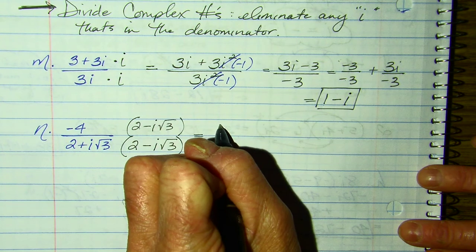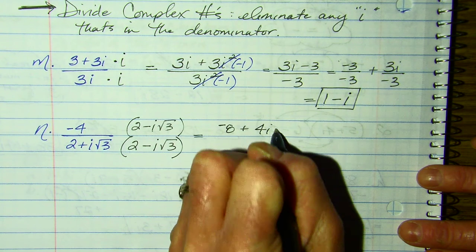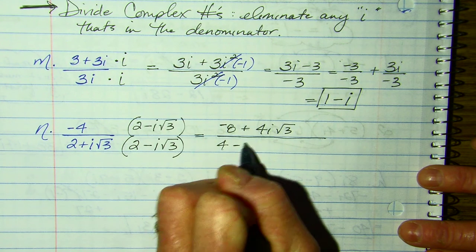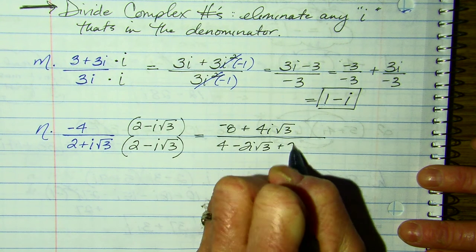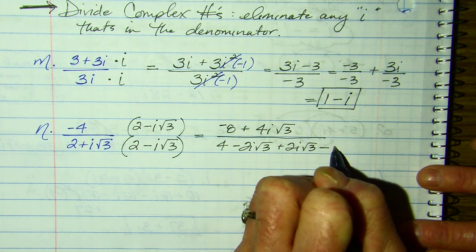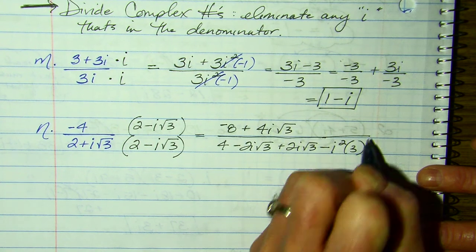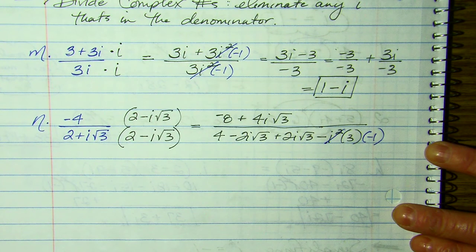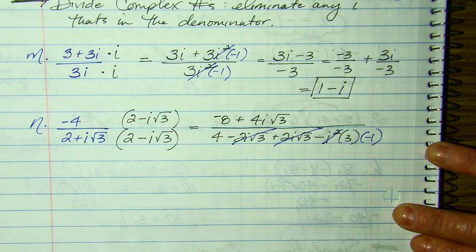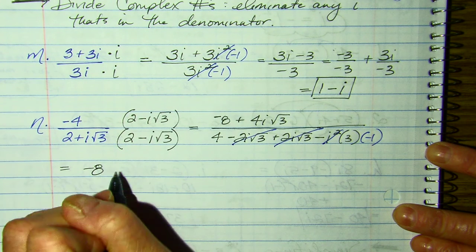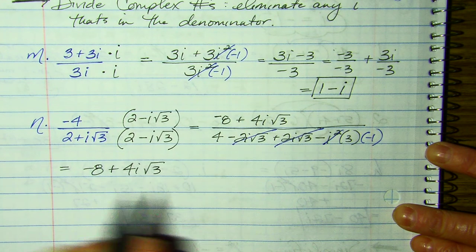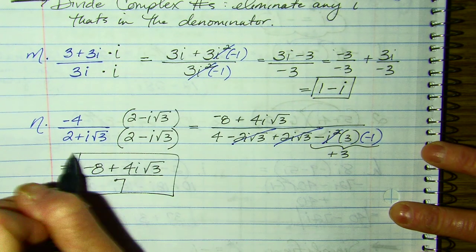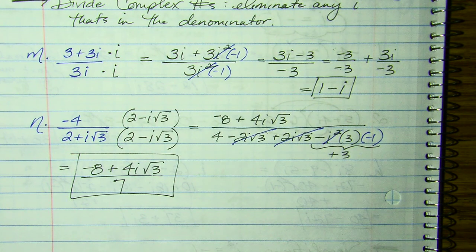So that gives me negative 8 plus 4i root 3 over 4 minus 2i root 3 plus 2i root 3 minus i squared times 3. So I'm going to replace this i squared with a negative 1, and these cancel. So my final answer is negative 8 plus 4i root 3. This becomes positive 3, so all over 7. Phew! And that is all the parts of this lesson.